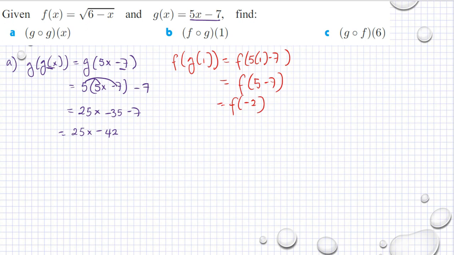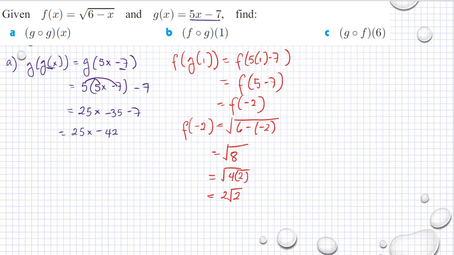Now f of negative 2 is the square root of 6 minus negative 2. So we have the square root of positive 8, or square root of 4 times 2, then we have 2 square root of 2, if you want to simplify.